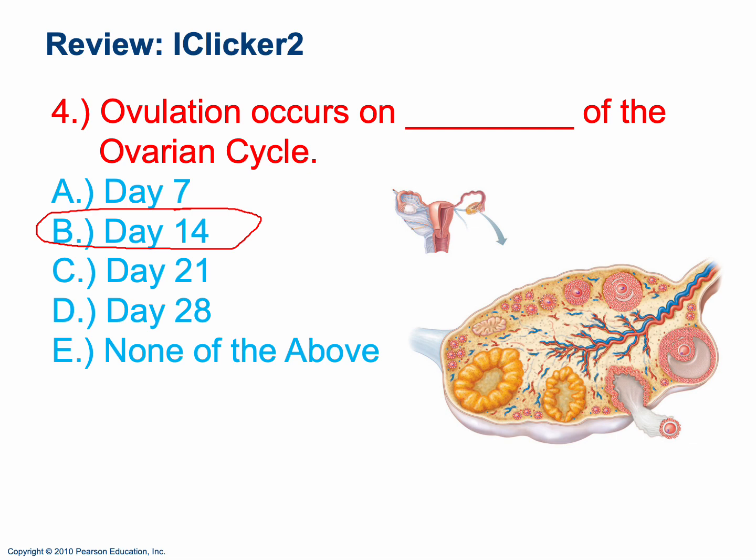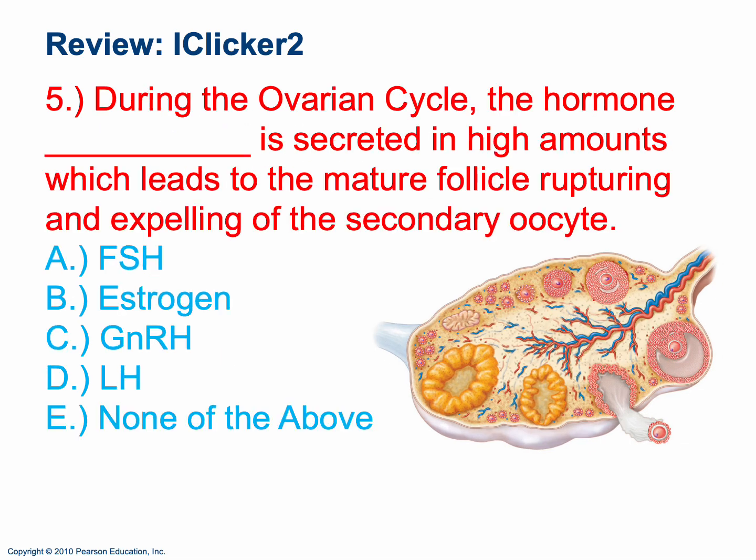Number 5, during the ovarian cycle, the hormone blank is secreted in high amounts. Because of this, it leads to the mature follicle rupturing and expelling of the secondary oocyte. So what hormone was that interacted with the adult follicle, leading to the rupturing of that follicle?